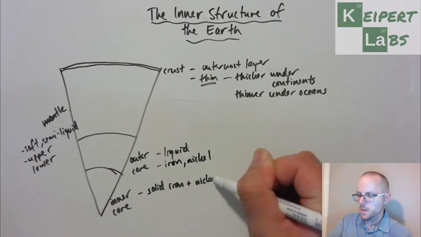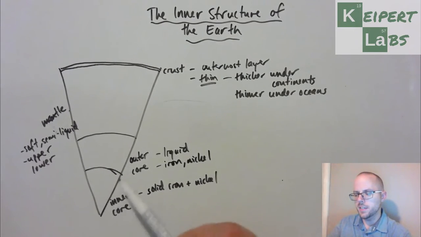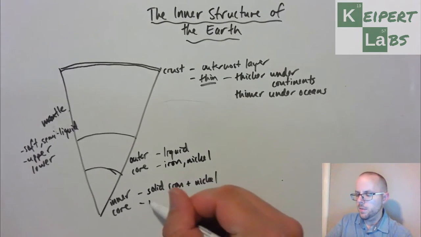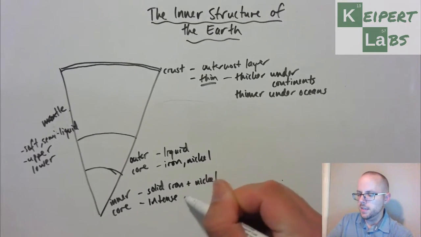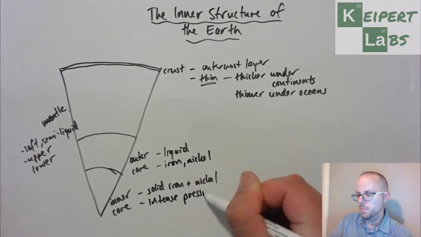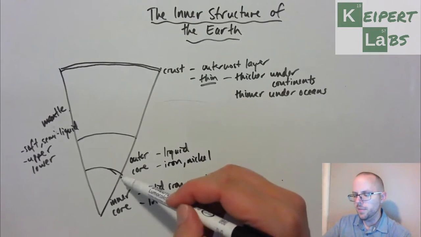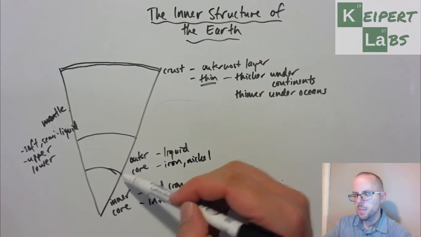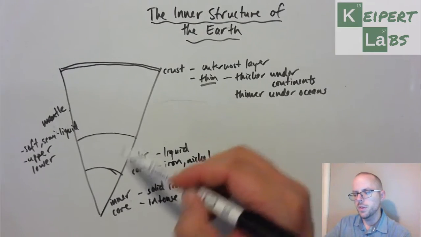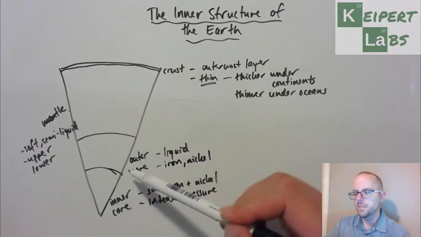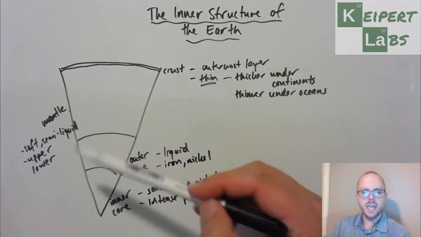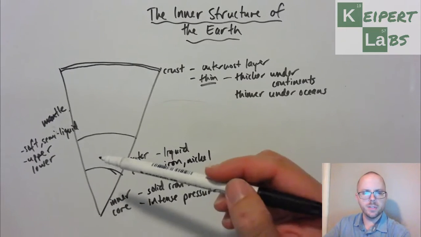By this point that we've gotten all the way down to this inner layer, the reason that it's solid is that we have intense pressure. This is about 5,000 kilometers down, so there's about 5,000 kilometers worth of rock above this portion that presses down, pulling towards that center because of gravity.